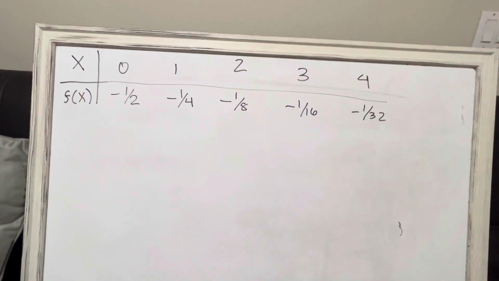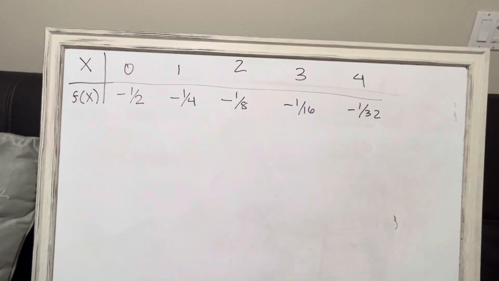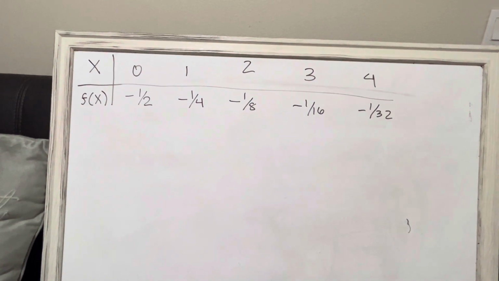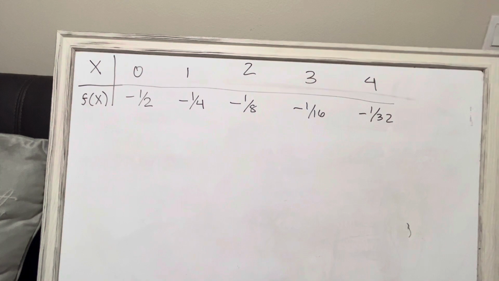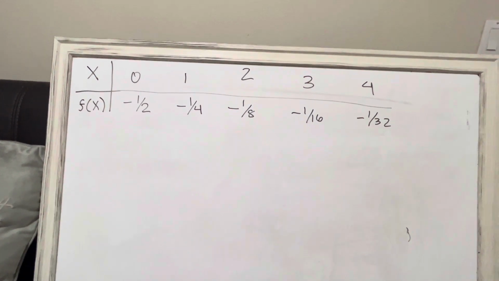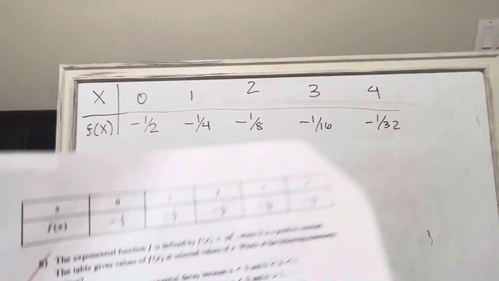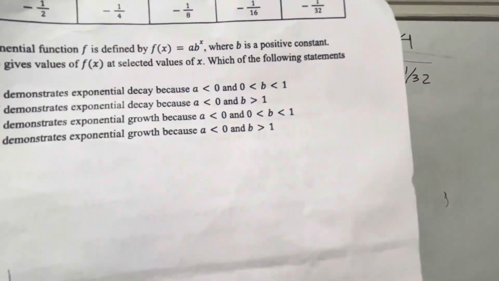The exponential function f is defined by f of x equals ab to the power of x, where b is a positive constant. The table gives values of f of x at selected values of x. Which of the following statements is true? Here are your options.